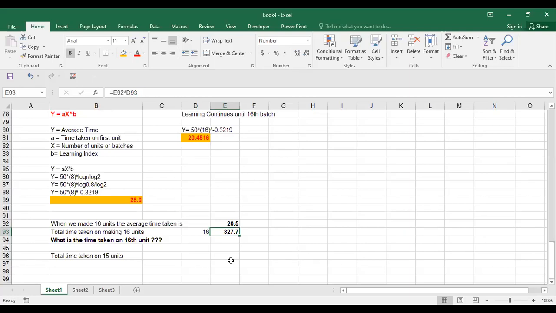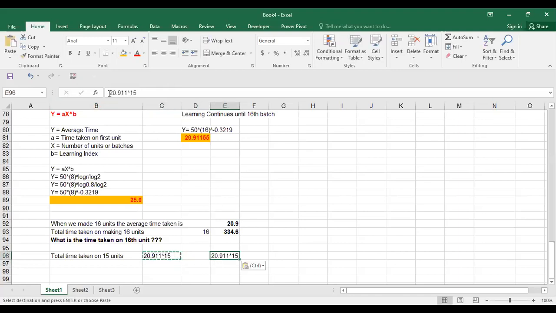The best way of doing it is to find out the total time taken on 15 units. So how do I do that? I go back to the formula, and instead of 16, I put 15. What do I get? 20.91. So the total time taken on 15 units will be 20.911 multiplied by 15.